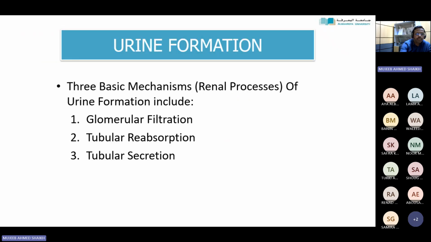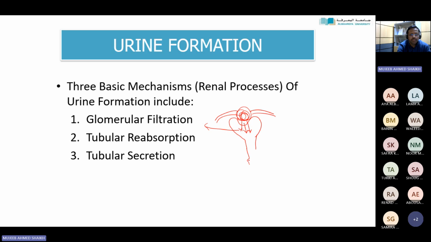So as I told you, the process of formation of urine requires three processes. One is filtration, the one which we started with in our block, that is glomerular filtration. So here is the glomerulus and the afferent and efferent arteriole. It is filtered here. This process is known as the first step, glomerular filtration.